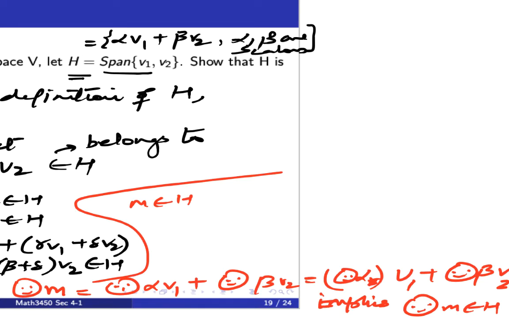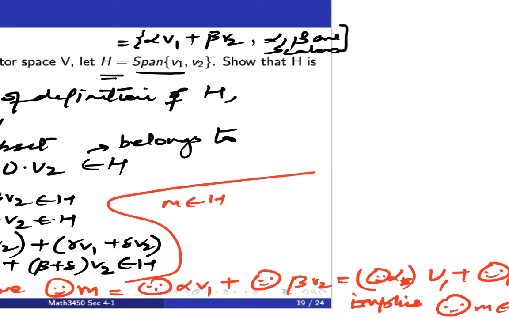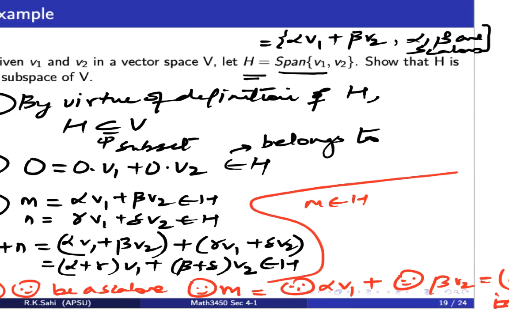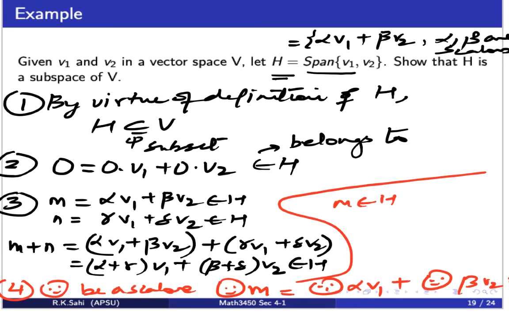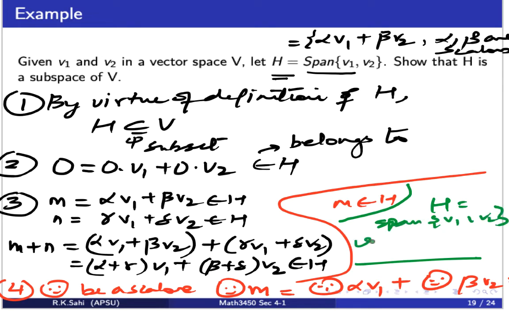Okay, so we have proved all the 4 properties which are needed for a subspace. And what do we notice? That this H, a spanning set, which is the span of 2 vectors v1 and v2, is a subspace.